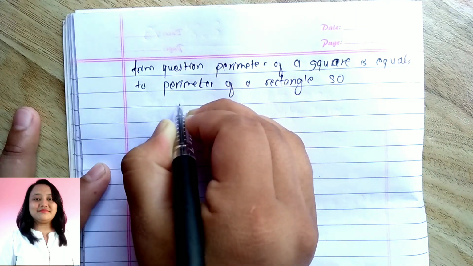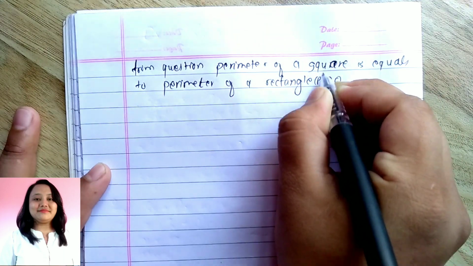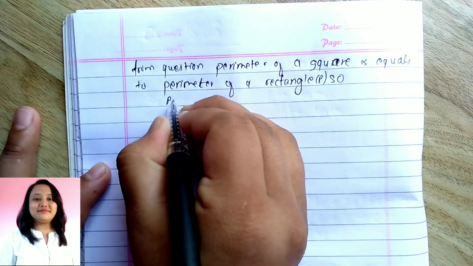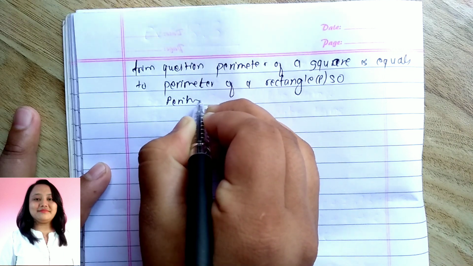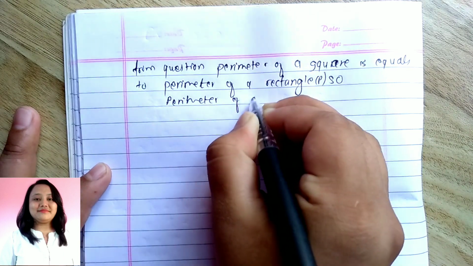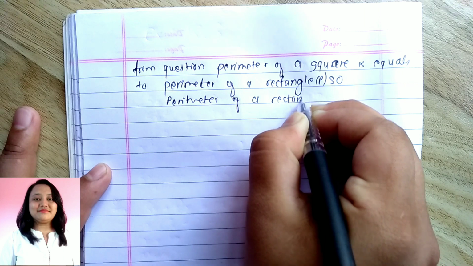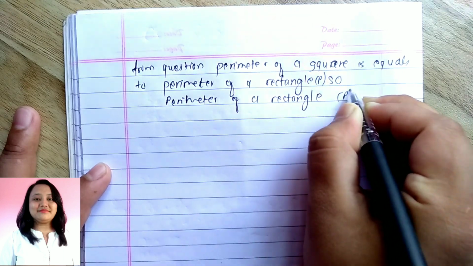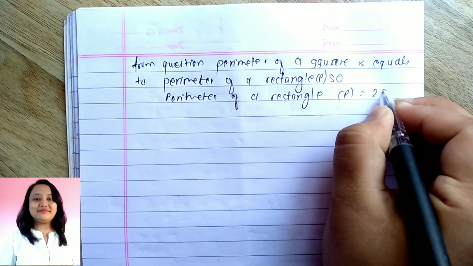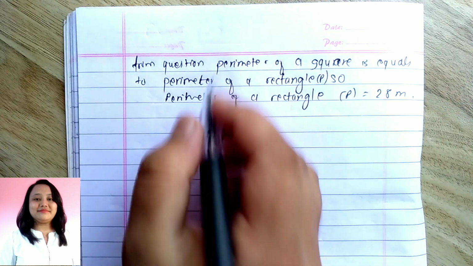So the perimeter of a rectangle P is also equal to 28 meter, since the perimeters are equal.